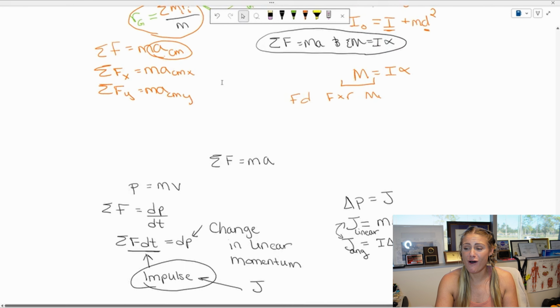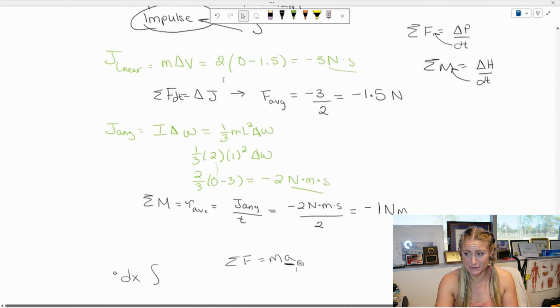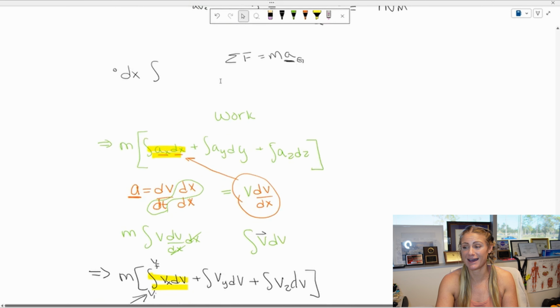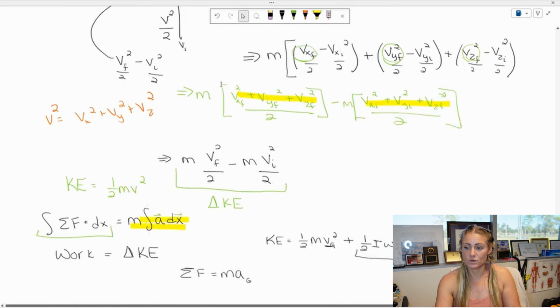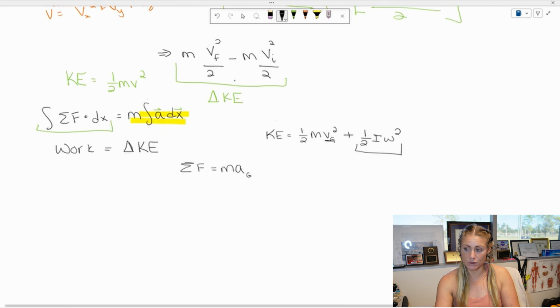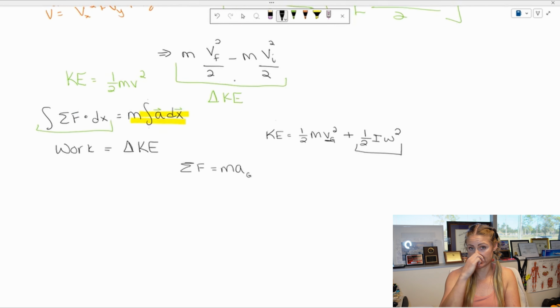So we have to make sure we carry it all the way through. In work and energy, in the linear portion of it, that V is V of the center of mass.